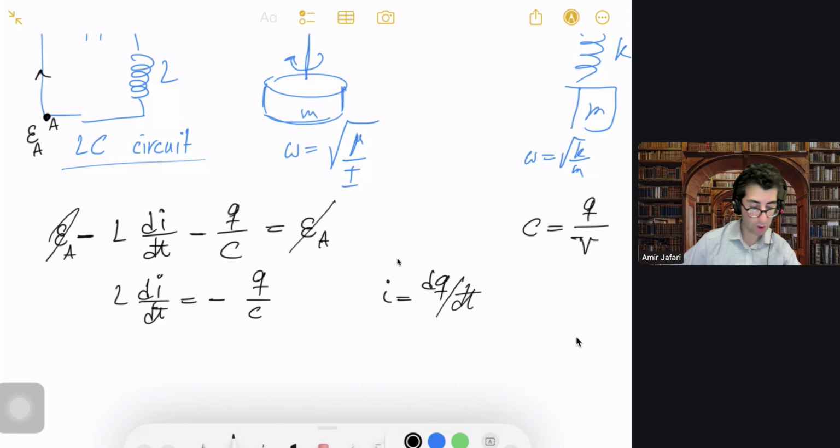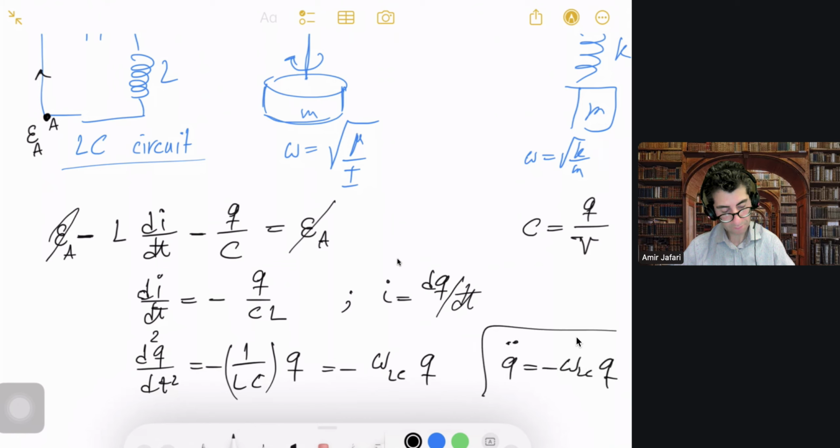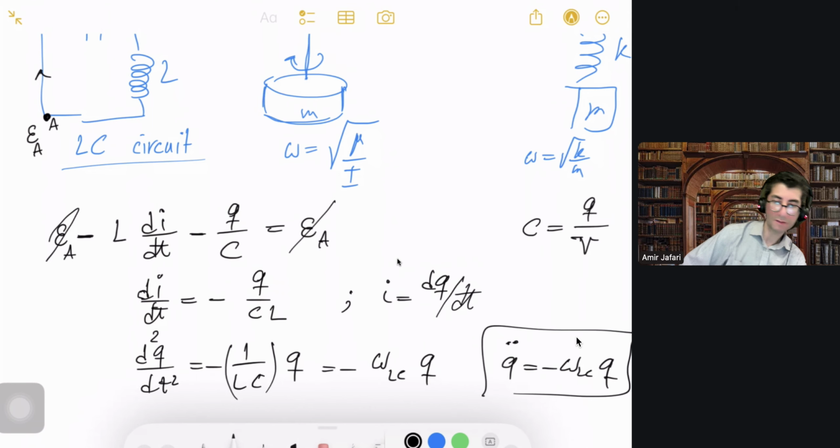Q is the electric charge. So what you get, and I can bring L over here, in terms of Q would be d squared Q over dt squared equals minus omega squared Q, where omega squared is 1 over LC. So you see that this is a simple harmonic oscillator equation of motion.